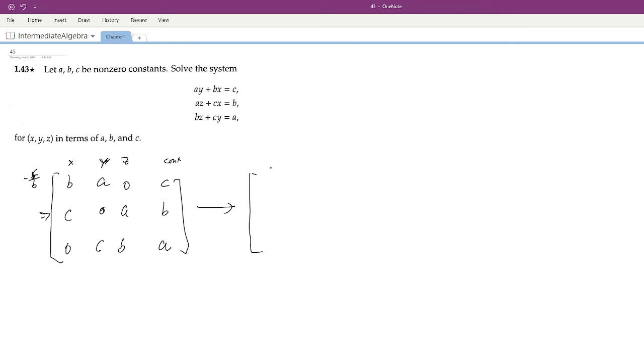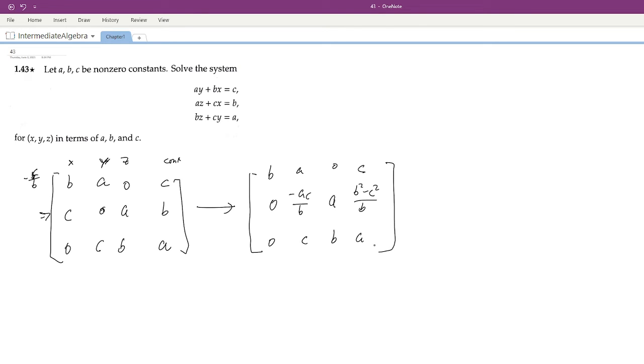So the first row, let's copy B, A, 0, C here, and the last row doesn't change: 0, C, B and A. B times C over B, we can cancel, so the first becomes 0, then negative AC over B, then the next stays A, and the C square over B, right? So it's the B square minus C square over B.